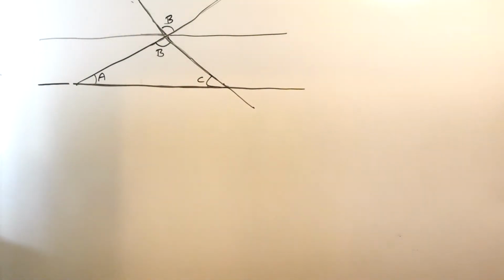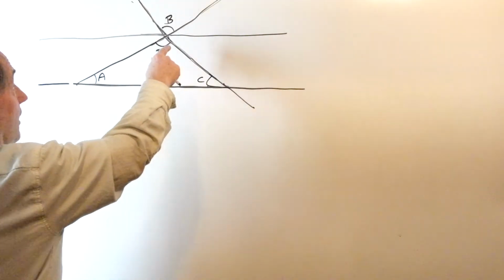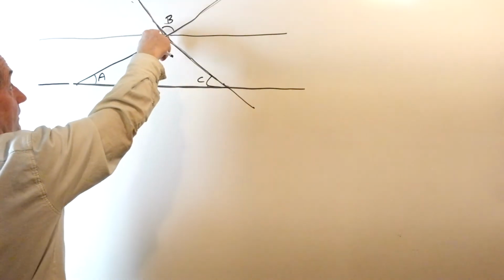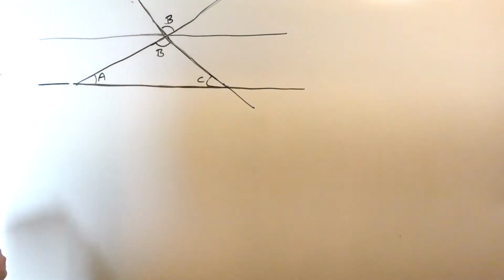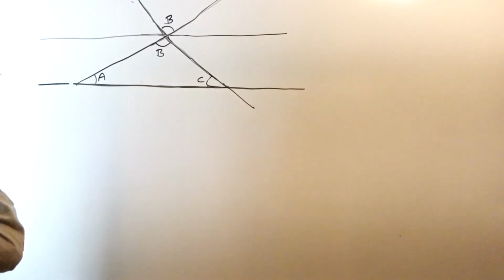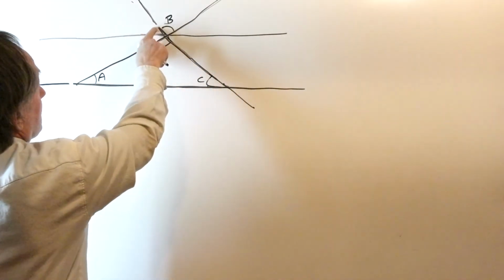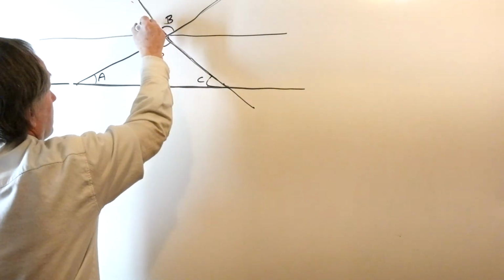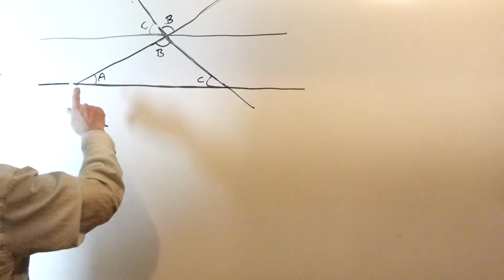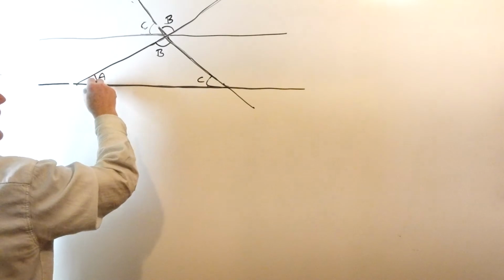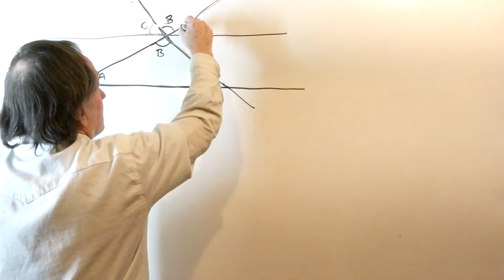Those angles are what we call consecutive angles from before. Now, this angle here is angle C by definition. And the same thing here. This angle A will be this angle here.